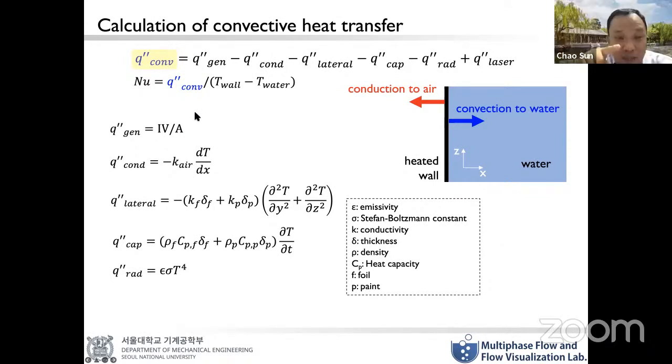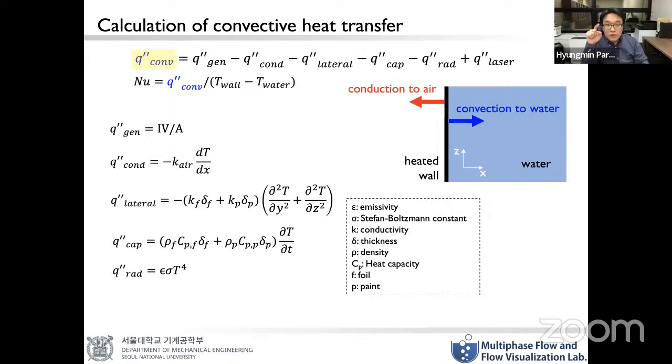Blue, Nusselt number. Yes. So we measure the Nusselt number as a function of space and time. So it is not the global Nusselt number. It is the local Nusselt number on the heated wall. We use the IR camera to measure the wall temperature variation. So that means, this I understand. Yes.